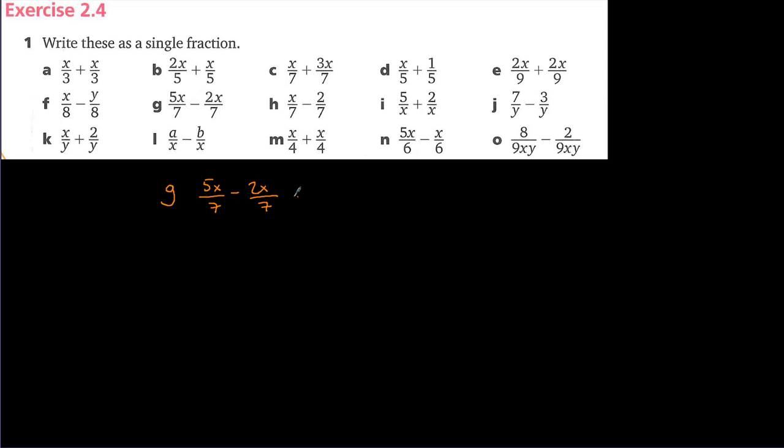The answer is going to be 5x minus 2x divided by 7, because the common denominator is the same. Here all the denominators are the same, so I'm not going to do cross multiplication. 5x minus 2x is equal to 3x. 3x over 7 is the answer.